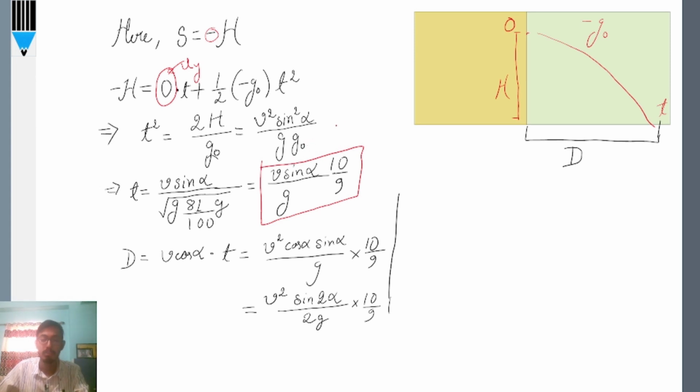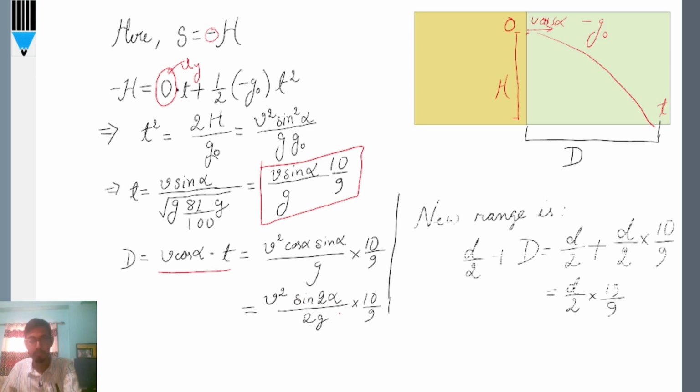Now that we have the time, since there is no acceleration in the x direction, no force acting in the x direction, we simply multiply v cos alpha, our horizontal velocity, by the time. Once you do the multiplication we get v square sin twice alpha upon 2g into 10 by 9.